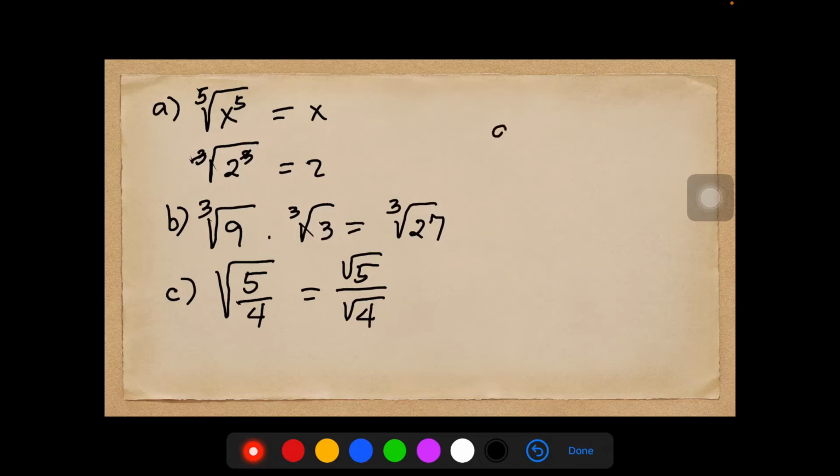For letter D, or the last of the laws of radicals, if you have the fifth root of the cube root of 5, we can have it as the 15th root of 5. Did you get that? So we just multiplied 5 and 3 to come up with 15, and we retain that radicand 5.